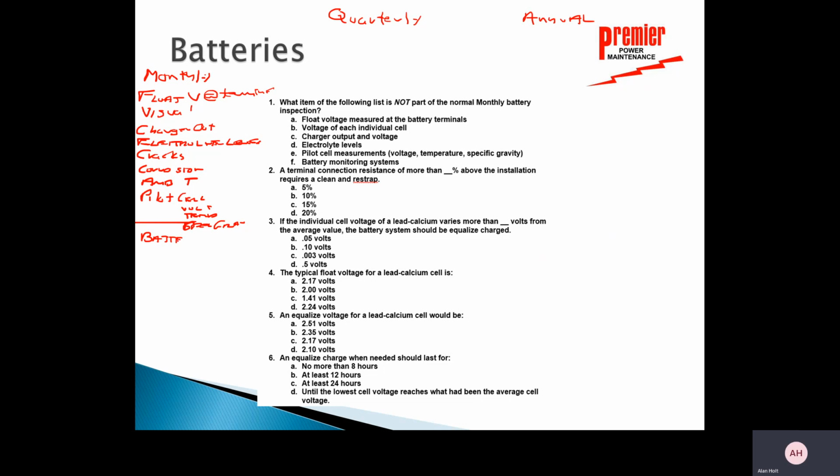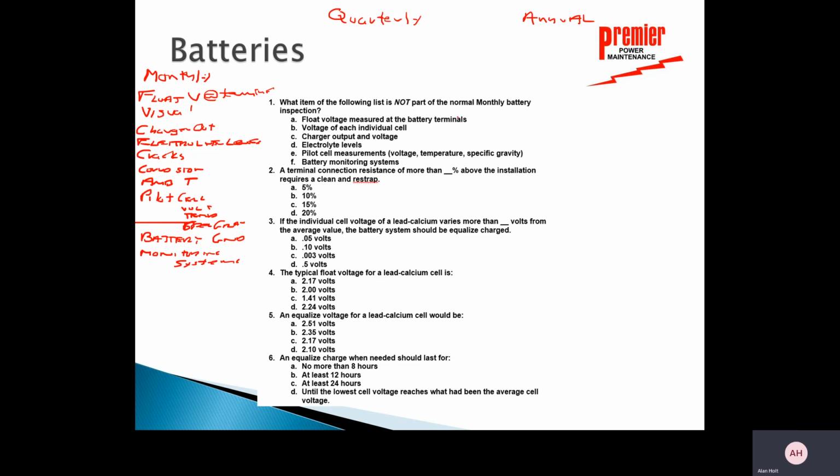That's a bad thing to have. We can't afford to have that. So check for battery grounds. We don't want any of those. And then we would also note all monitoring systems. So what kind of alarms do they have? Where do they go to? Those sorts of things. So that would be the monthly test.